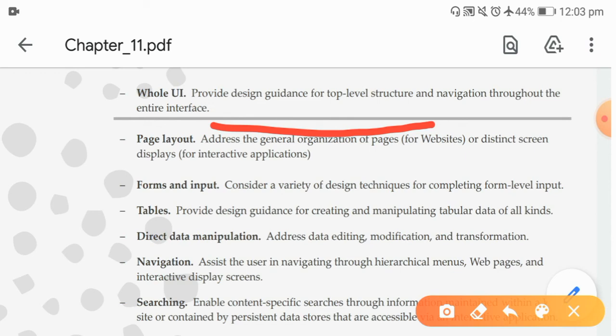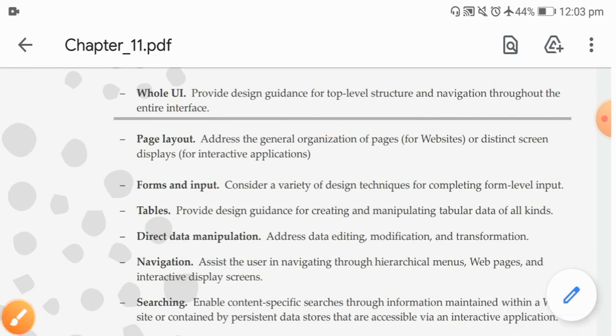Searching, that is you can search throughout information maintained within a website or contained in a persistent data store, such as other types of queries, or what types of facilities are provided by your bank account. Page elements implement specific elements of a web page or display screen, and the e-commerce patterns are specific to websites. These patterns implement recurring elements of e-commerce applications.